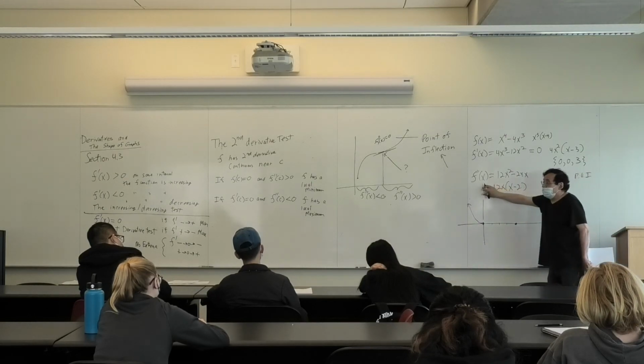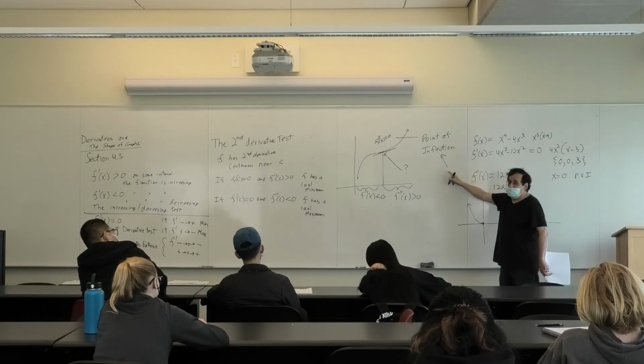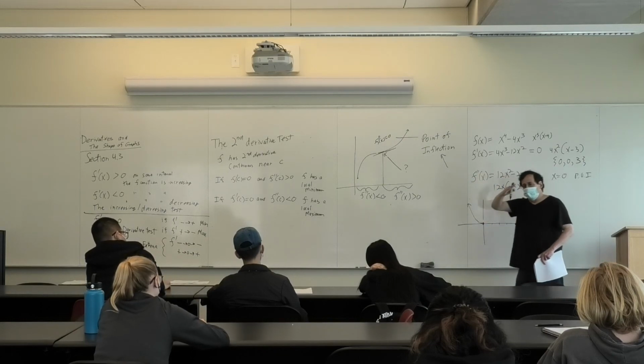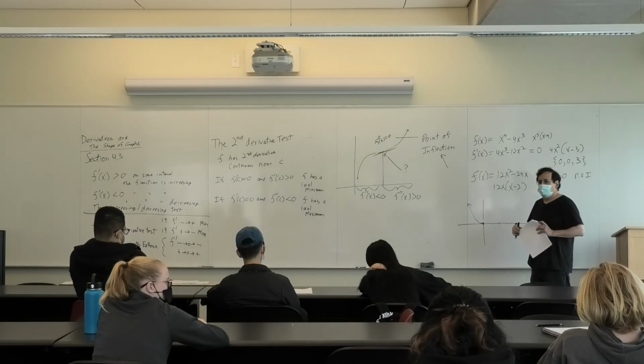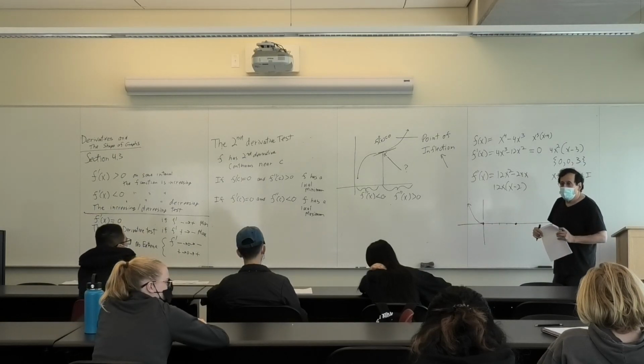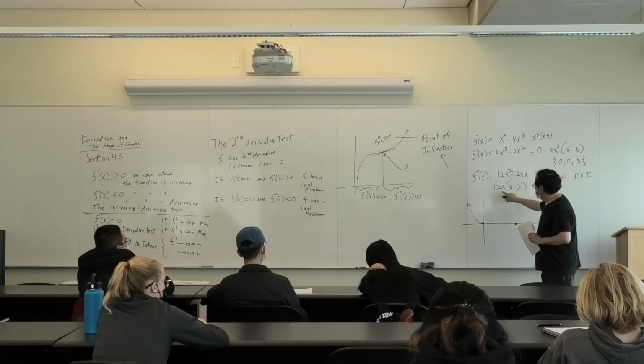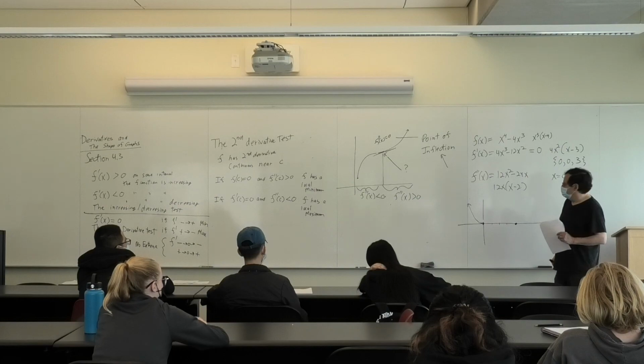Well, the second derivative is 0, so that's a point of inflection. That's a point where the concavity is going to change. Yes? But I think there's 2 inflection points, 0 and 2. You're quite right. Yeah, that's what I was asking.